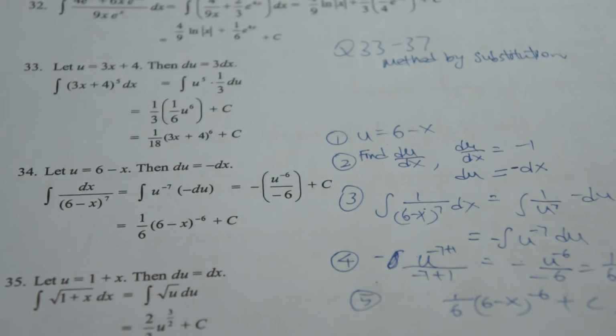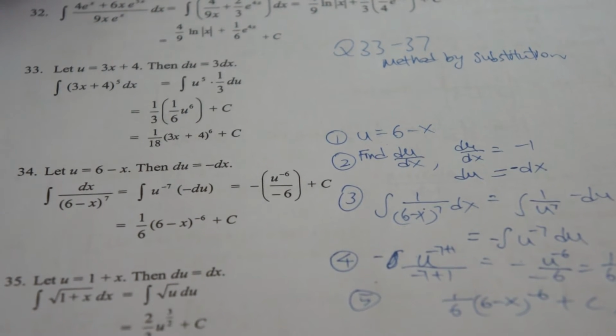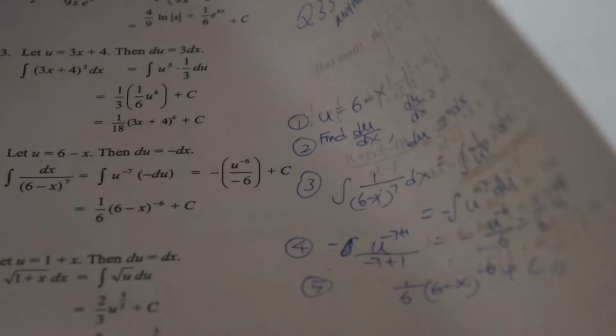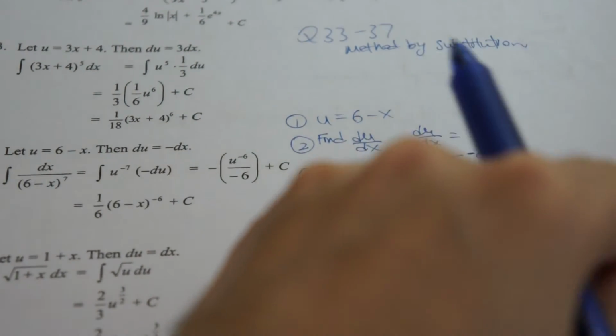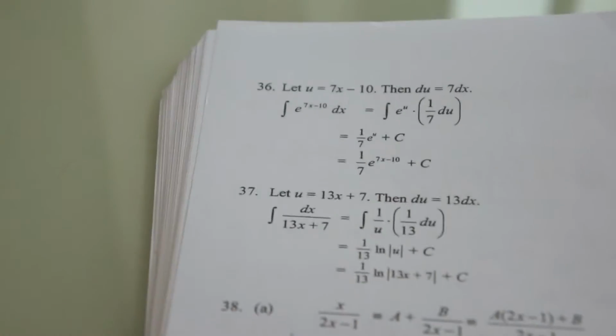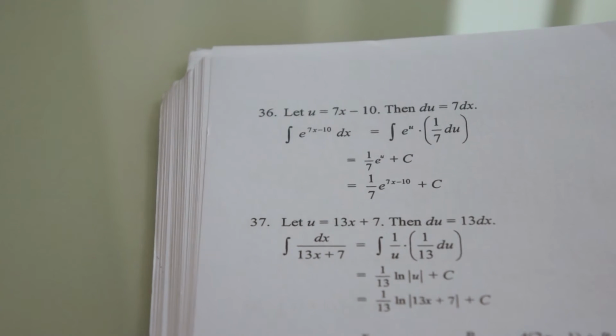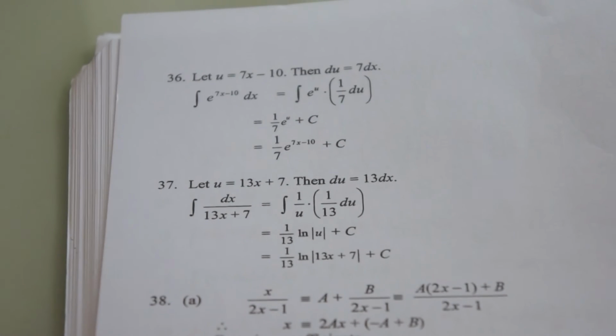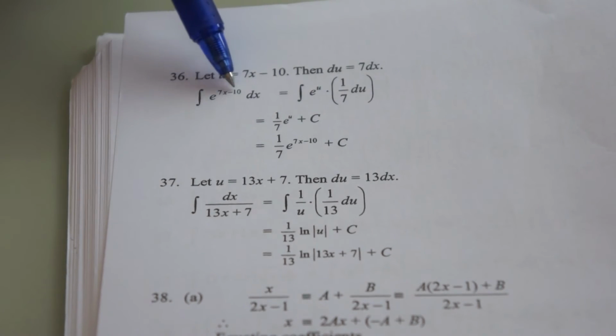So this is how you get the answer for 34. And next you can turn to 35, which is similar, so you can try a little bit for it, and then you can take a look at question 36. Question 36 is e to the power of 7x minus 10.